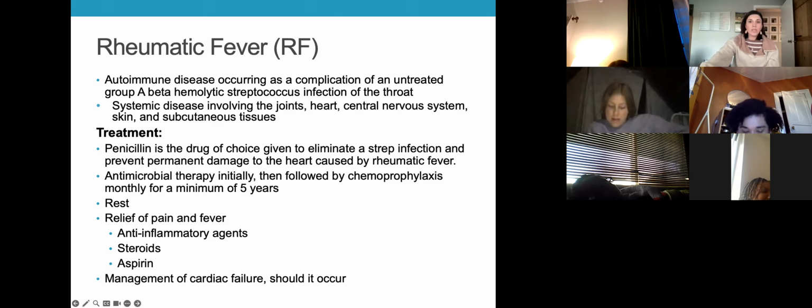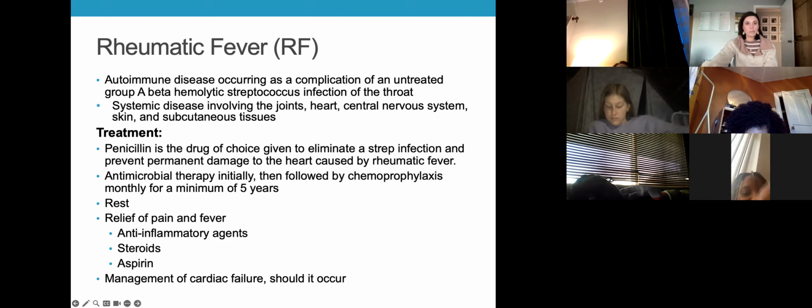We treat with penicillin for those strep infections, and that's going to prevent the permanent heart damage caused by rheumatic fever. They'll be on antimicrobial therapy initially, and then on chemoprophylaxis every month for a minimum of 5 years. And that's to make sure that we don't get a recurrence of the infection and possibly cause that rheumatic fever.